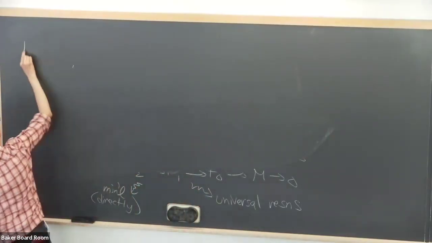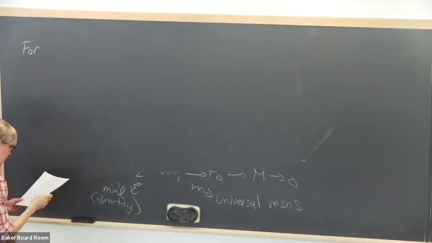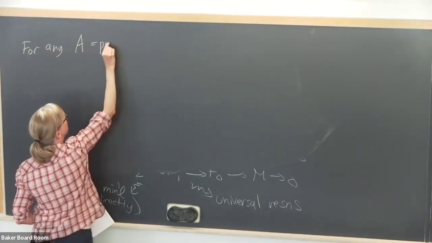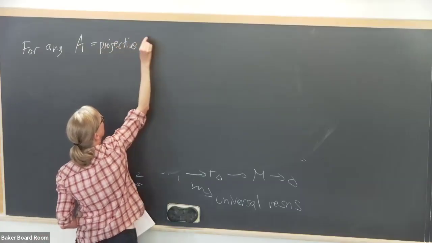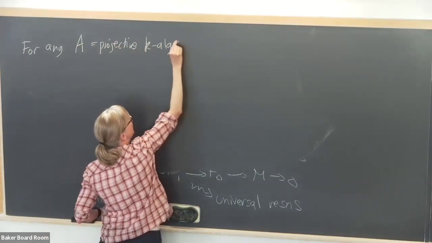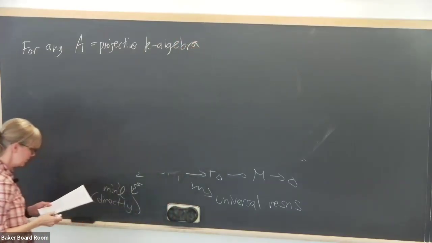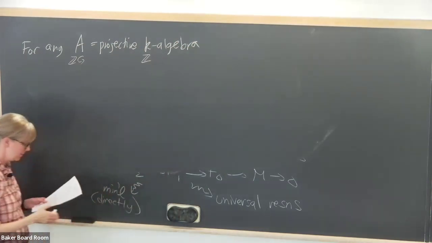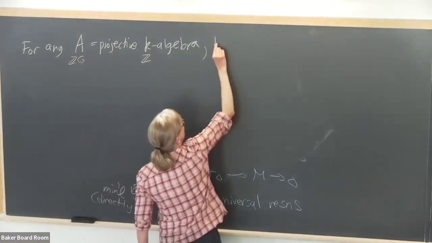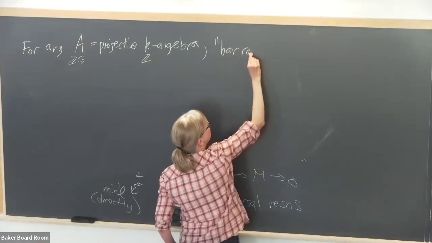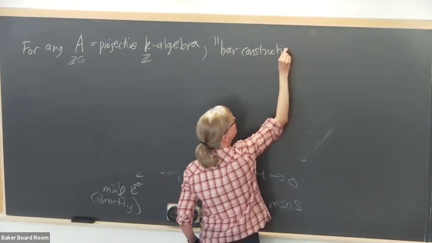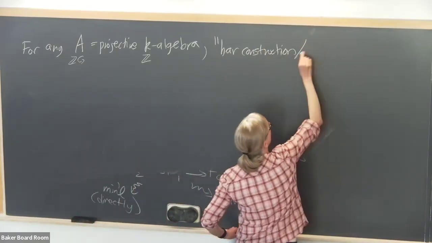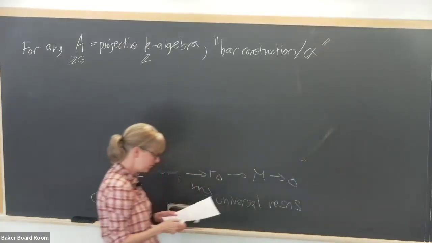So immediately people saw that you could take any A which is a projective K-algebra, meaning it's a K-algebra that's projective as a K-module. So this was ZG, and this was Z in the example above. You can do a thing that's called the bar construction, which is not quite the resolution yet, but I want to show you how this leads to the resolution, or the bar complex, or people call it different things.